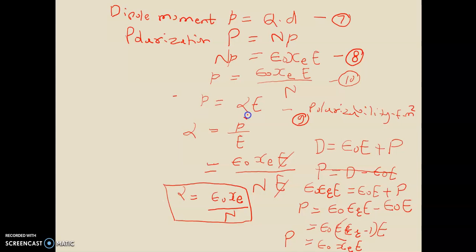This is the hint I wanted to give you. Polarizability is the constant of proportionality for dipole moment, and susceptibility is the constant of proportionality for polarization. Now from this equation, susceptibility is equal to epsilon r minus 1. So this equation we have derived: susceptibility is equal to epsilon r minus 1.